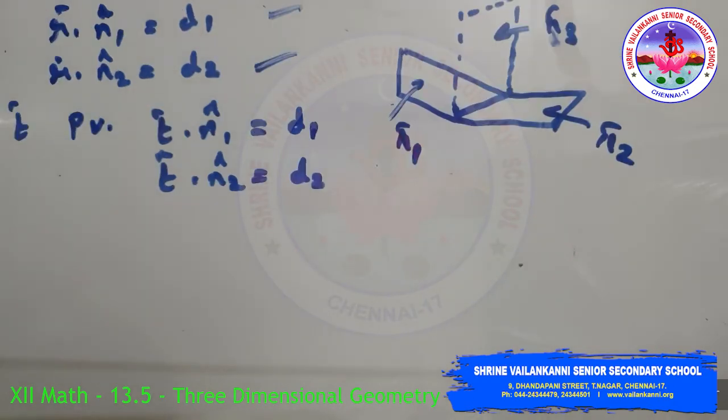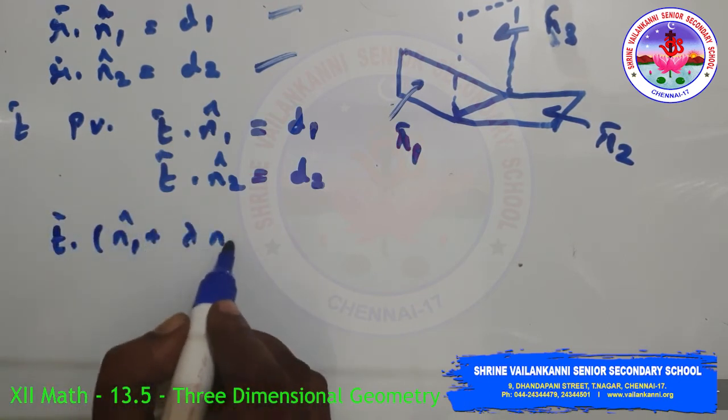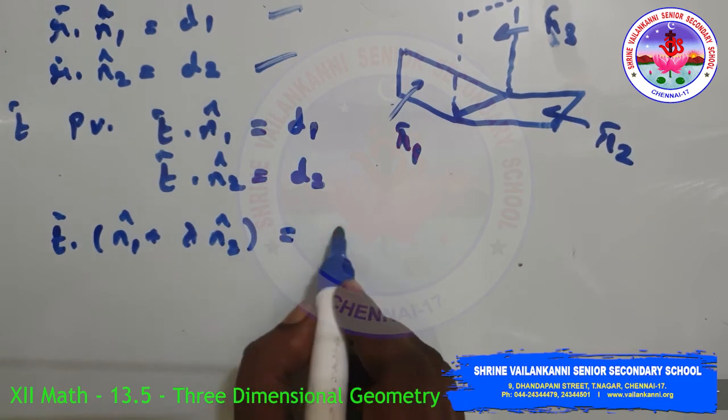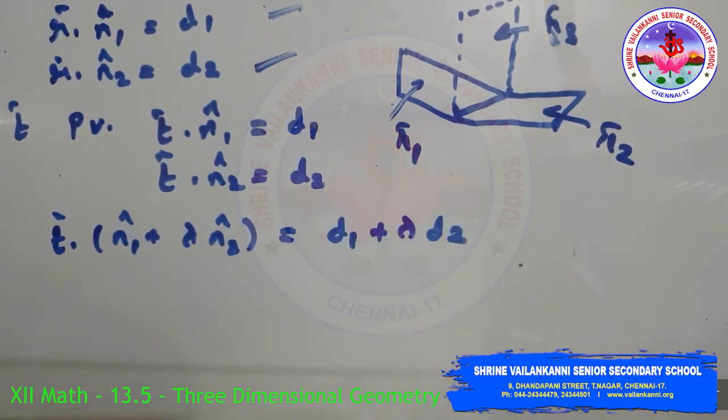Therefore, for all real values of lambda, we have t dot (n1 plus lambda of n2) which is equal to d1 plus lambda of d2. Since t is arbitrary, it satisfies for any point on the line.